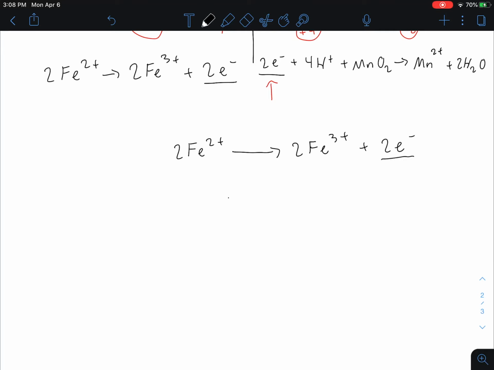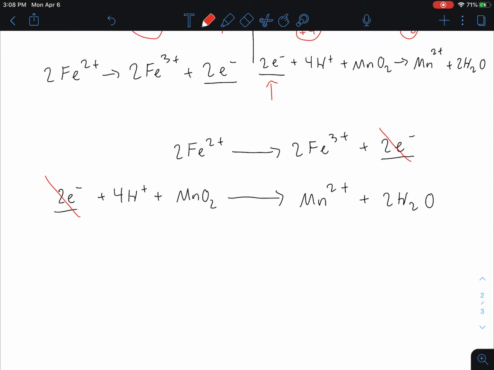And the other reaction becomes 2 electrons plus 4H plus MnO2 makes Mn2 plus 2 waters. And after all of that, what I see is my electron balance is going to allow me to cancel them out on each side, and then I can write the overall reaction.